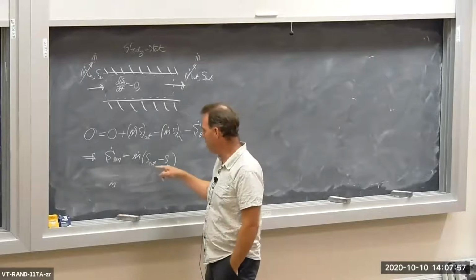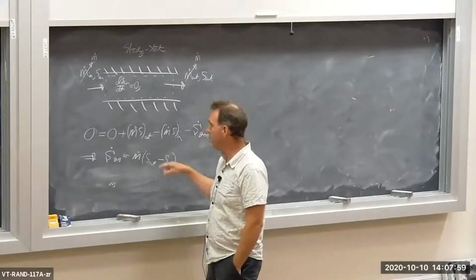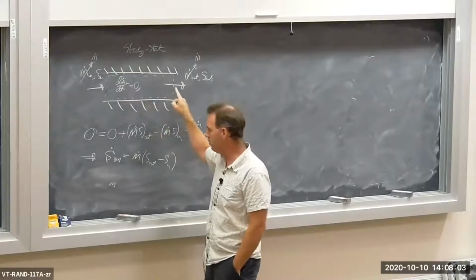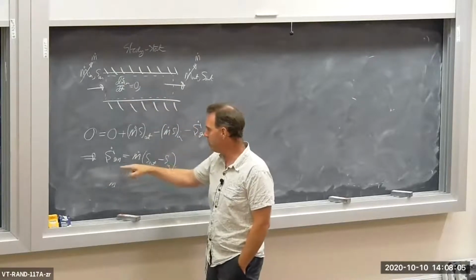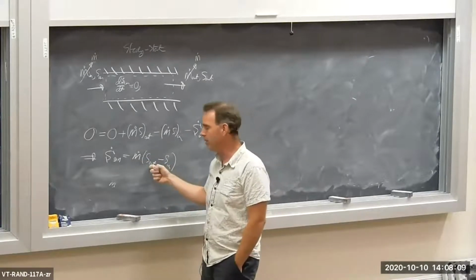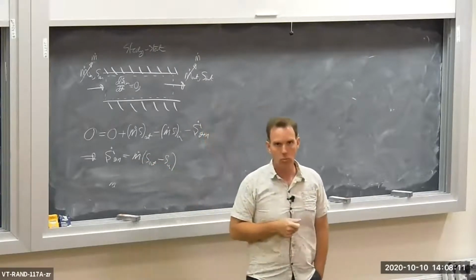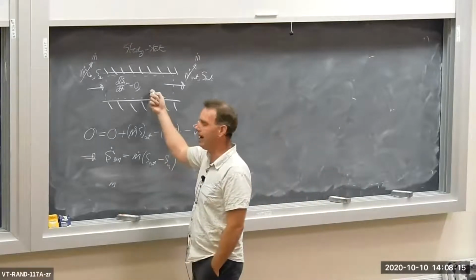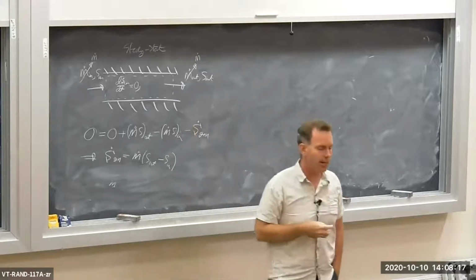If s out is greater than s in, entropy had to have been generated inside of the control volume, and the rate of entropy generation is the mass flow times delta s from the inlet to the outlet.